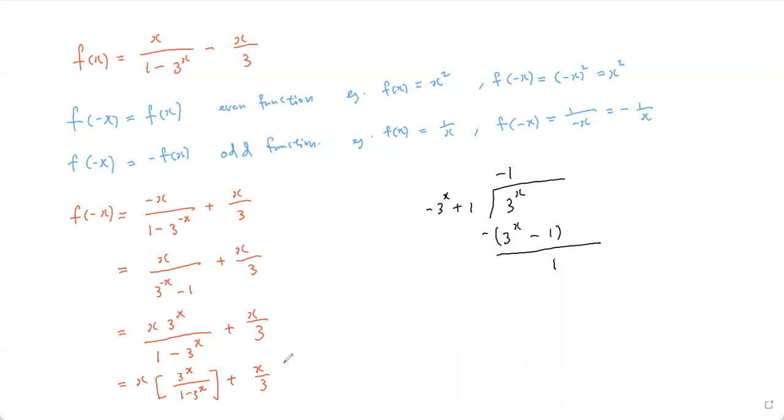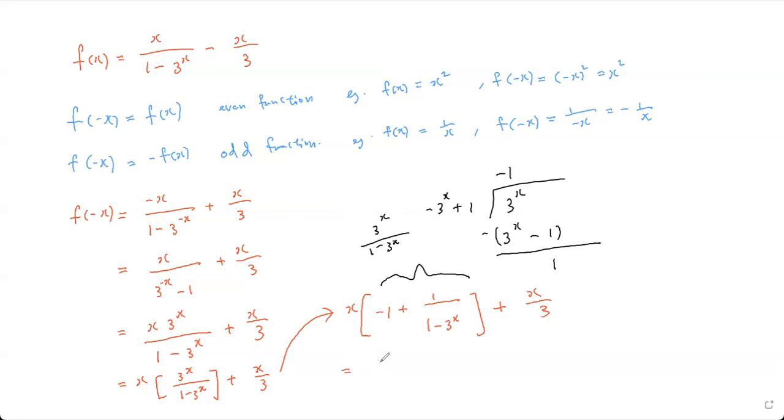Let's continue here. So 3 to the power of x divided by 1 minus 3 to the power of x is actually negative 1 plus 1 over 1 minus 3 to the power of x, plus x over 3. Just take note that this whole thing is 3 to the power of x divided by 1 minus 3 to the power of x.